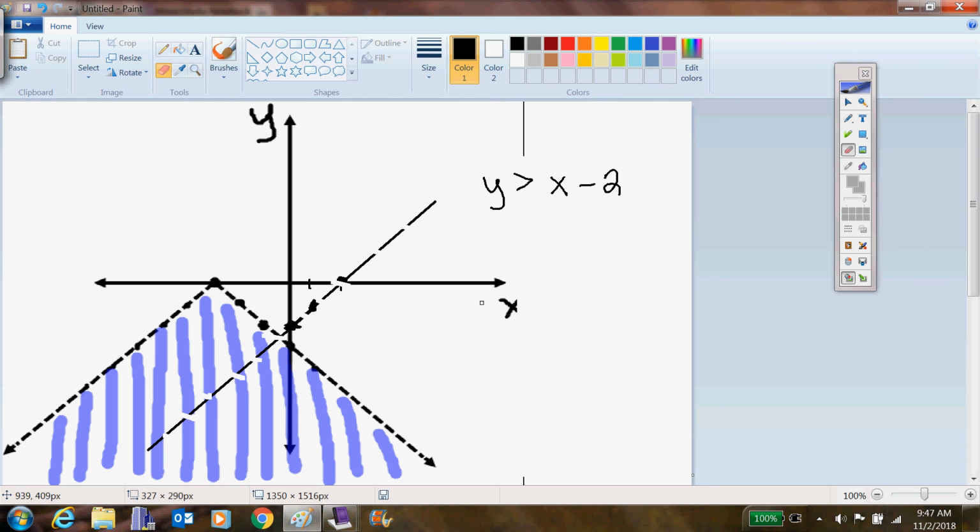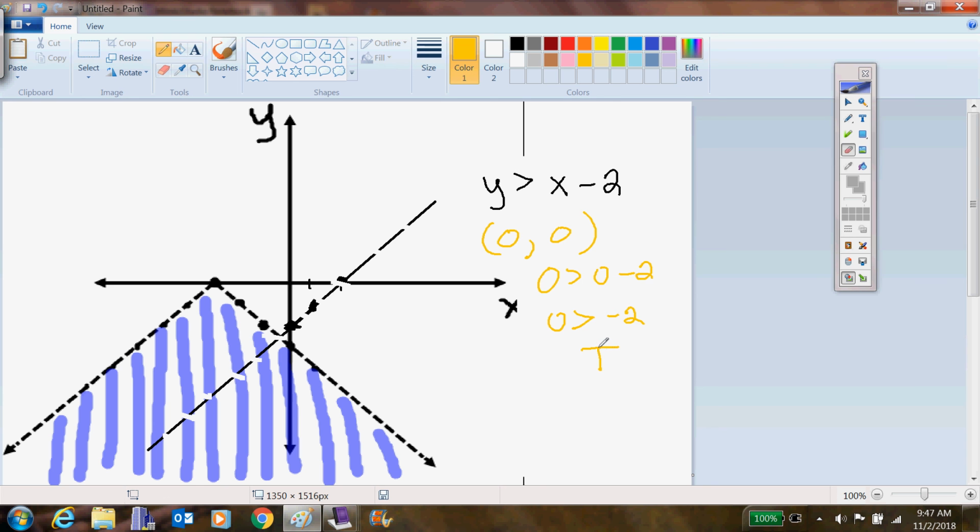And it's greater than, so are we thinking above or below? Okay, so since we don't know, let's check a test point. Let's check 0, 0. 0 greater than 0 minus 2. Is that true?